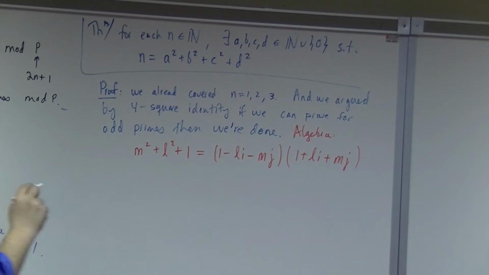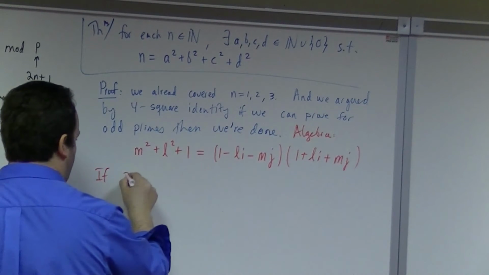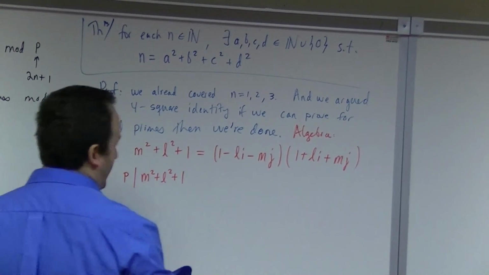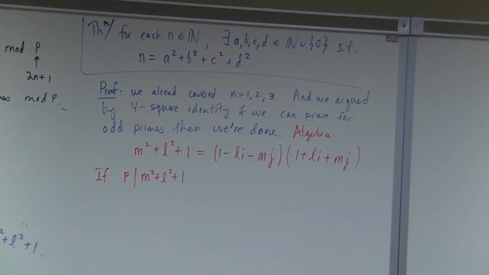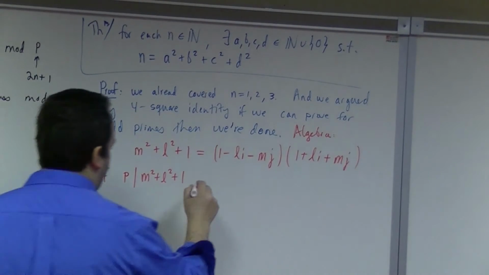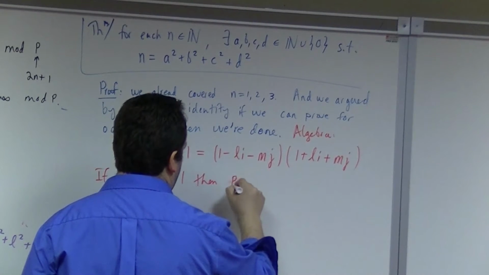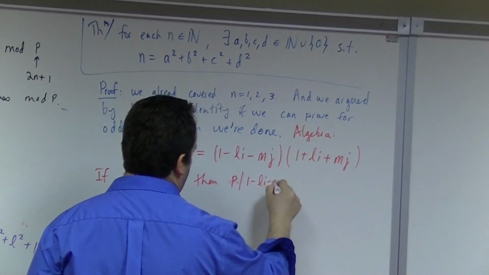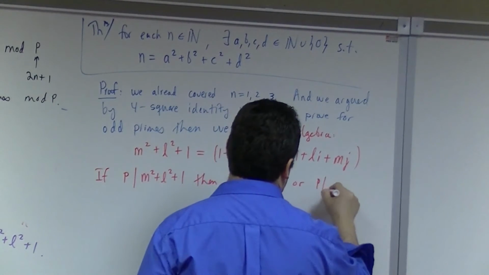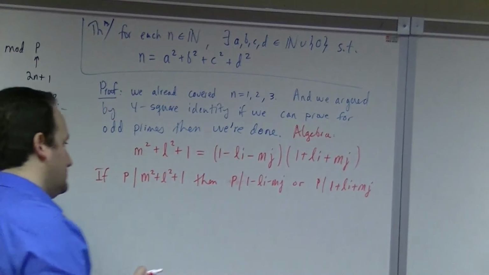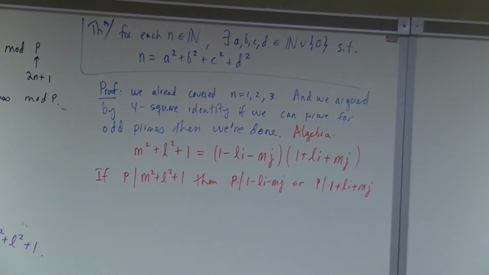But then what? If p divides m squared plus l squared plus 1, and we know it does, then what? Well, p divides 1 minus li minus mj, or p divides 1 plus li plus mj, right? By the real prime divisor property we proved earlier today.